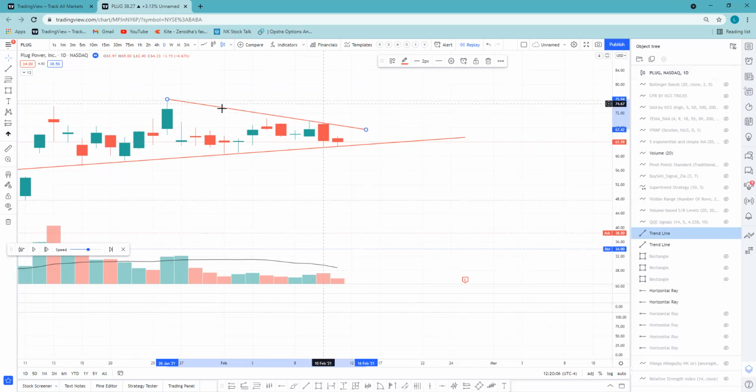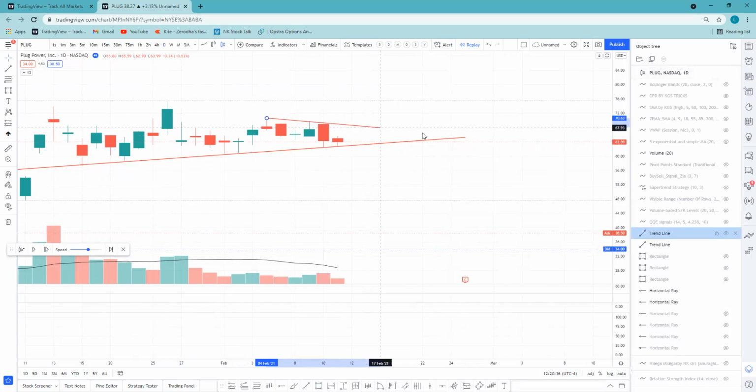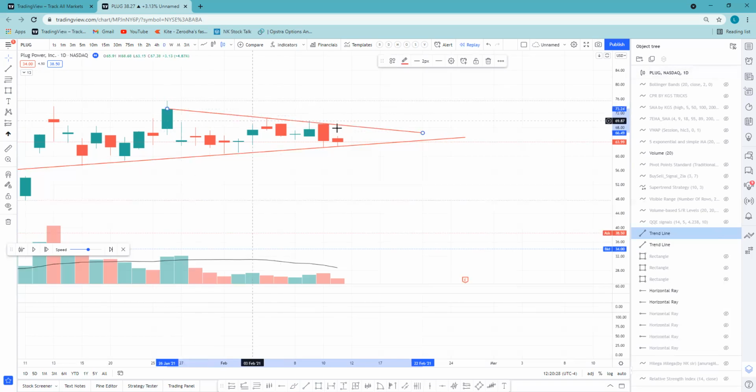But for me, what I usually do is give more preference to the prices which are nearby. My job is to touch more candles here. If I do this way, I can touch 1, 2, and 3 candles, and then I extend this one. That way I can have at least 4 candle touches.